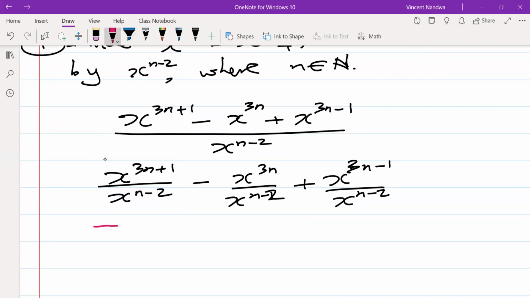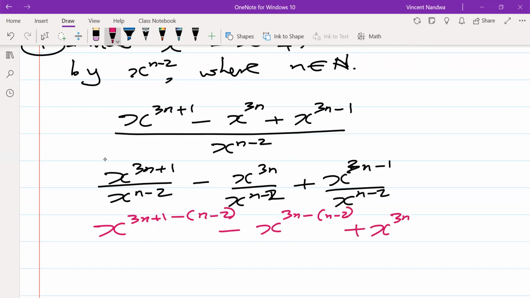Then, using laws of indices, we'll have x raised to power 3n plus 1 minus this one, which you put in brackets, n minus 2, and 3n minus 1 minus n minus 2. You have to use those brackets to get the correct value, because that power defines one number.